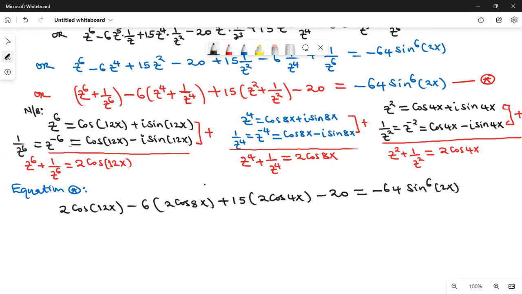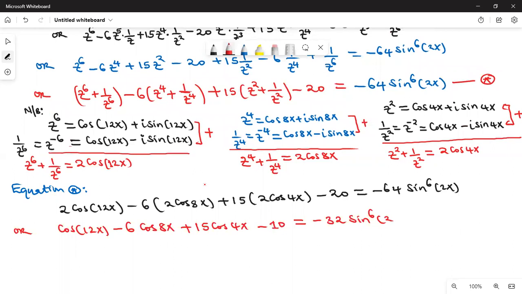You can see we can as well divide by 2 because I can see 2 is common. If I divide both sides by 2, I'm going to get cosine of 12x minus 6 cosine of 8x plus 15 cosine of 4x minus 10 is equal to negative 32 sine raised to 6 of 2x.